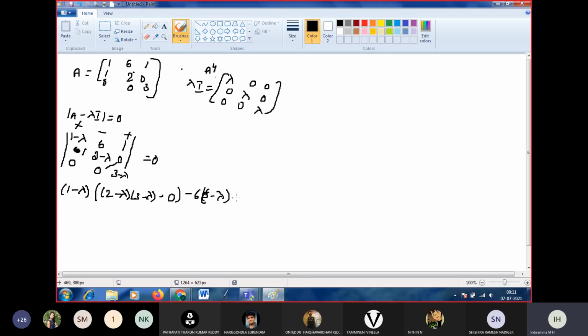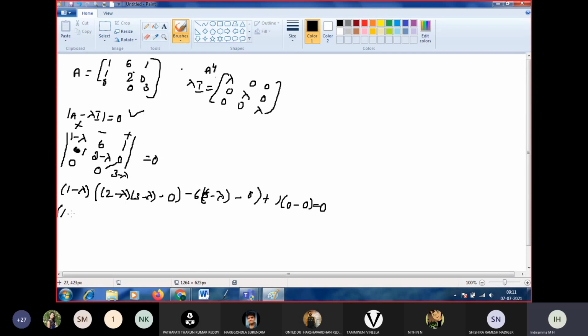Next minus 1 into 0 is 0 only. Next plus 1 into, deleting the third column and first row, 1 into 0 0, 2 minus lambda into 0 0, equal to 0. Okay, you should put RHS as 0. That is the characteristic equation.